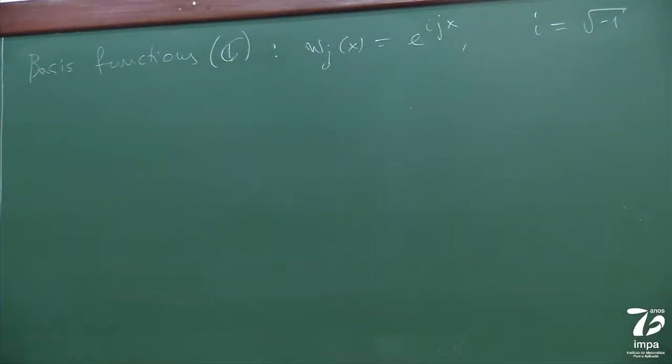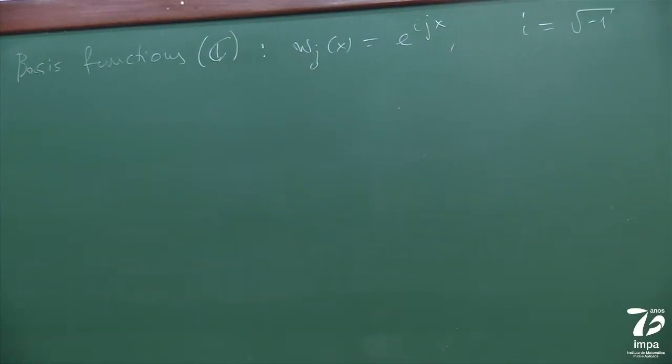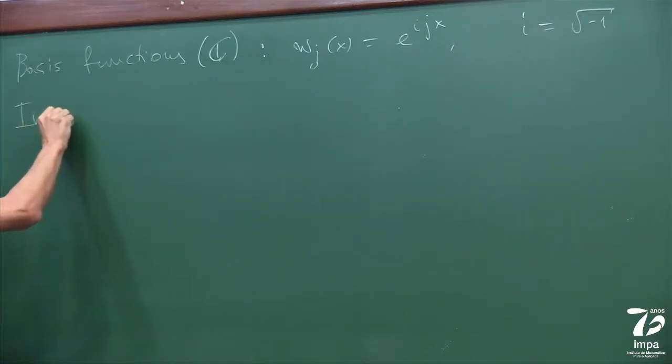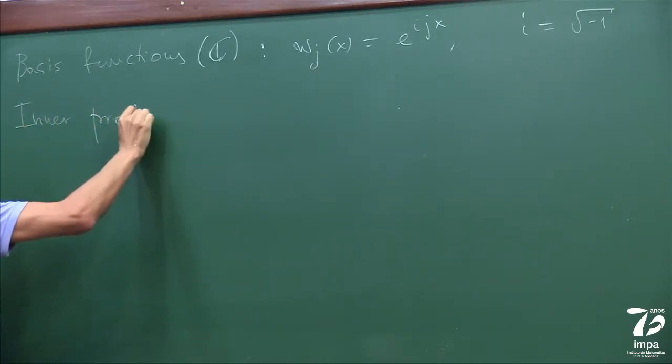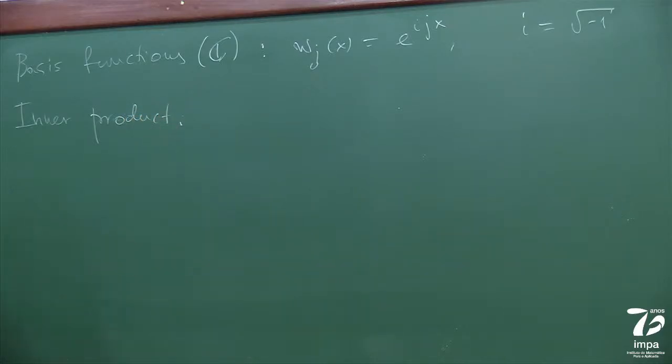So it's an exponent with i j x as an argument. And we use the inner product as an average of the product.